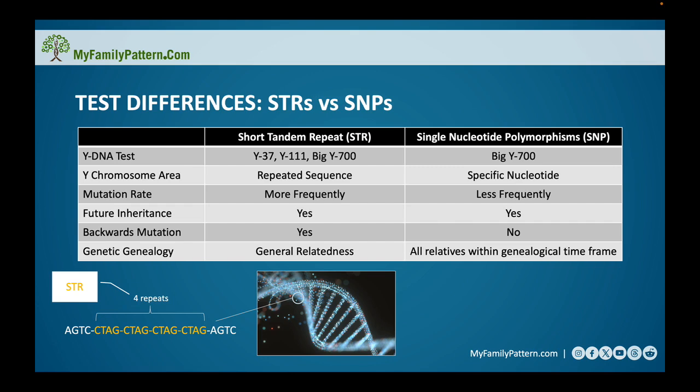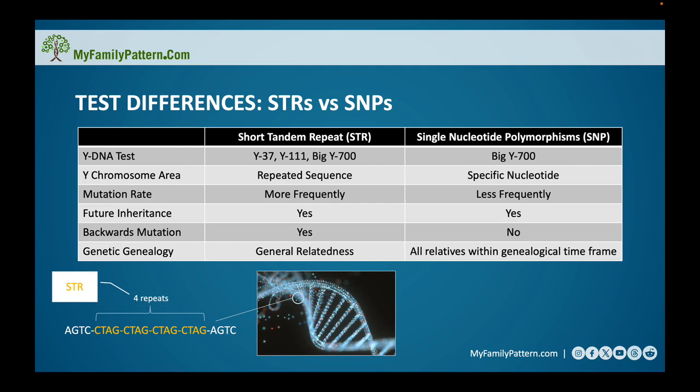But what makes them a little bit more problematic is that they can mutate back to their original value and thus kind of mask the genetic distance, or how closely related two individuals are. But it is good for general relatedness. Are these two individuals related on the paternal line?